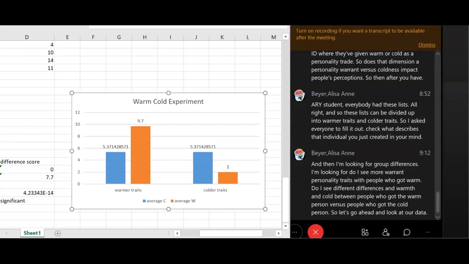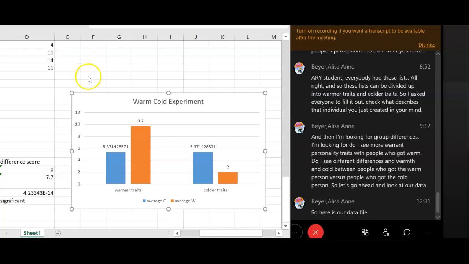So here is our data file. You will see that we have our two groups, people who got the cold as the word, people who got the warm as the word. This is the number of warmer traits. So people who were given warm checked off from that list of traits an average of 9.7.